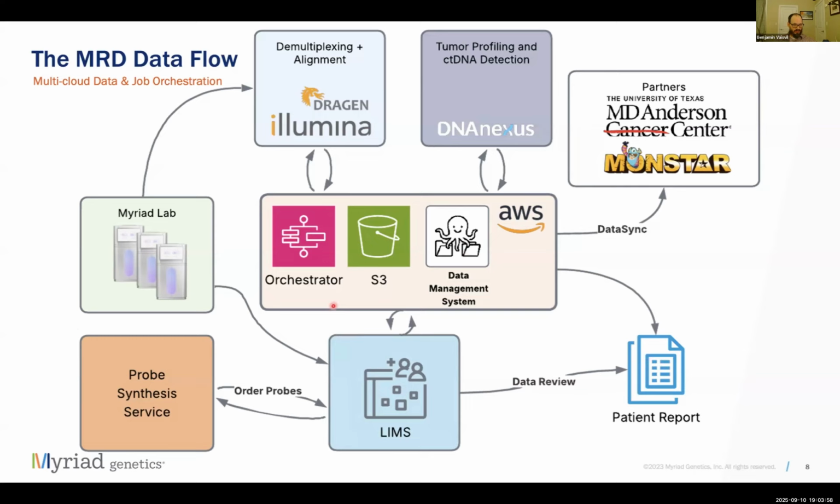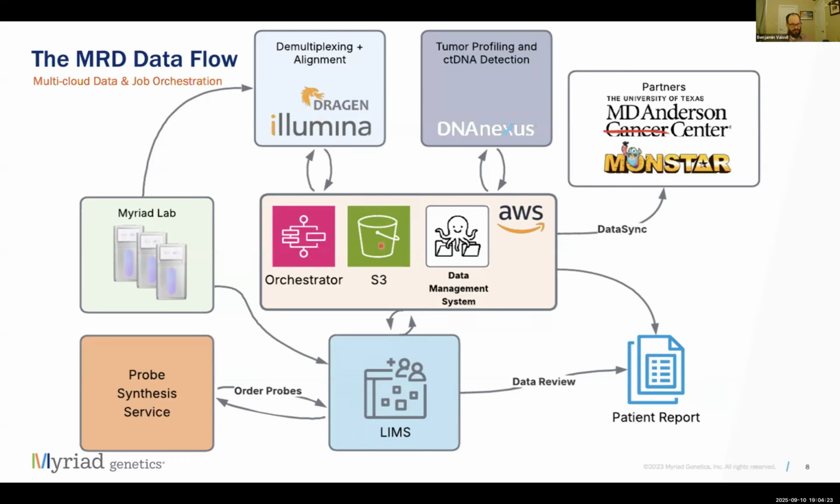So I'm going to run through what the data flow looks like for a sample. For WGS samples, we're talking about tumor, buffy, and controls. So not the targeted sequencing, but in doing the tumor profiling. After the data has been sequenced on the NovaSeq X, it is uploaded to ICA, which is connected to our S3 bucket.